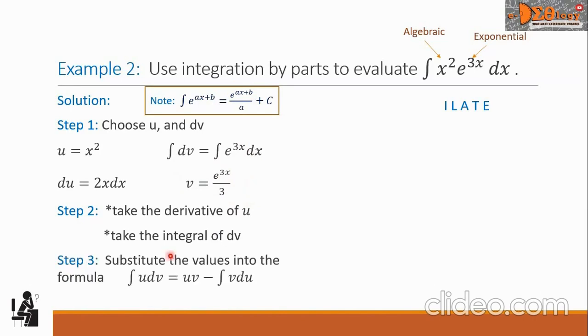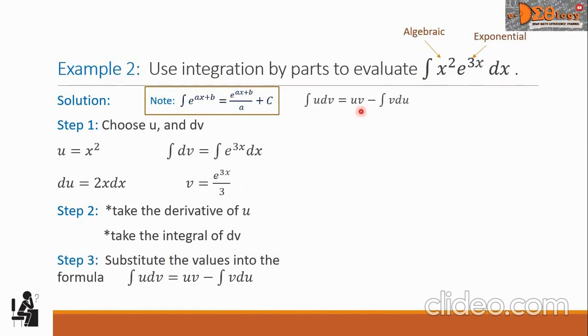Step 3, we substitute the values of step 1 into the integration by parts formula. Our problem here, the integral of x squared times e raised to 3x dx, is equal to the integral of u dv. Now let us substitute the corresponding values on the right side.